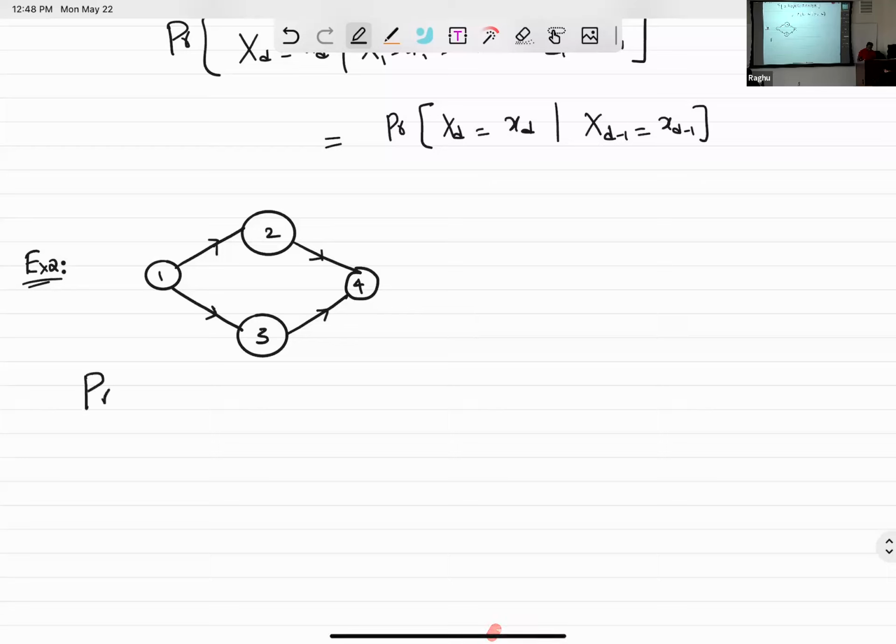Then I can say the probability that X equals little x1, x2, x3, x4. How could I break this up here? Any suggestions? Once again, 1 is maybe standing on its own.